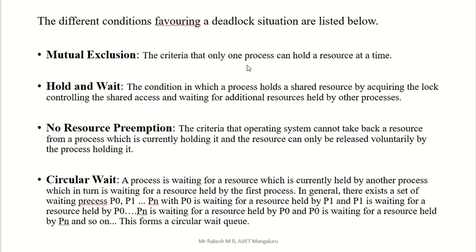Once P1 completes its execution in that resource, P1 will release it. After that, P2 will acquire the resource released by P1. Then P2 also completes its execution in that resource.